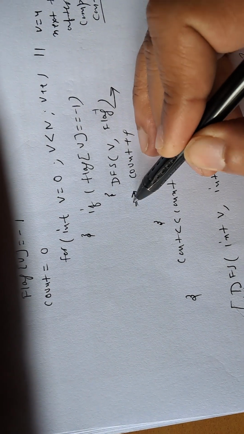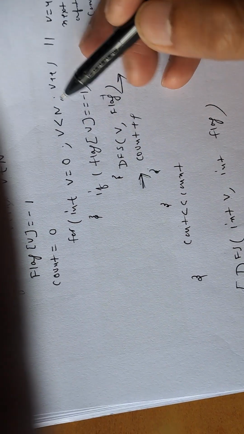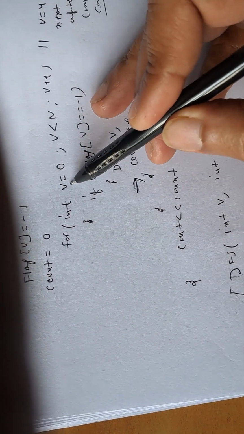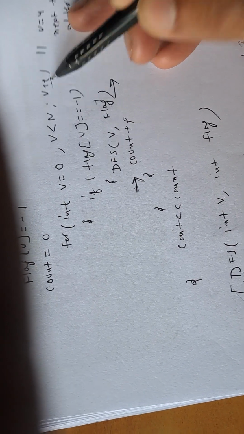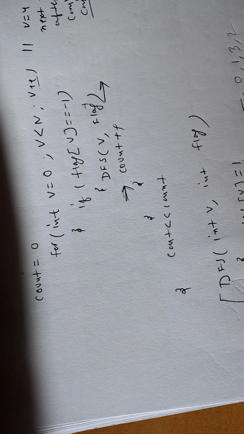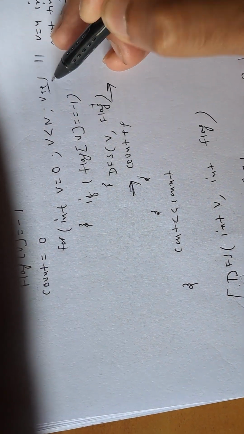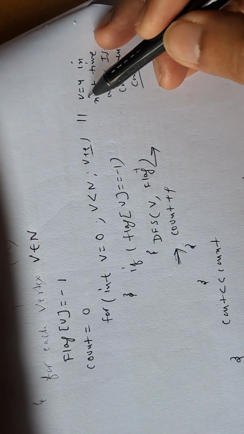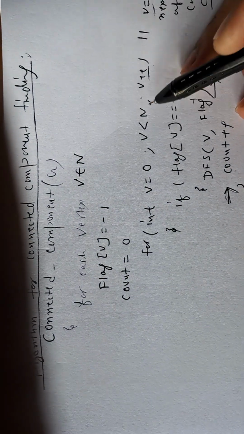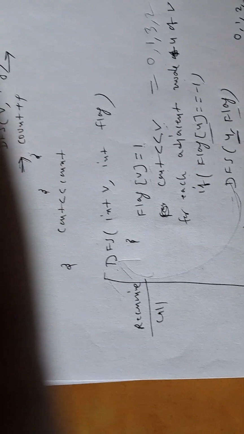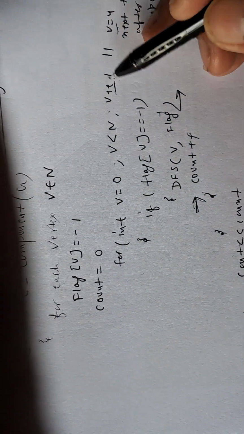One more thing: V will not go back to 1 here, because the last V was 3, so it will become 4. So V starts from vertex number 4. This V is still less than n, 4 is less than n, so I start from 4. We go in the same way, 4 to 5, and then 5 becomes 6.